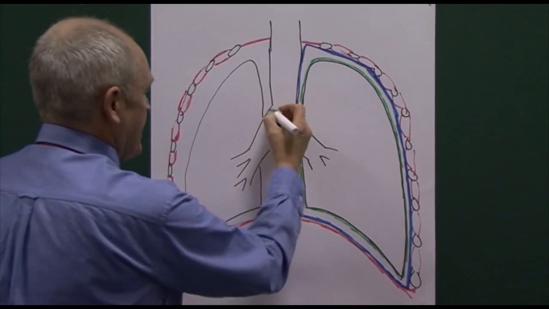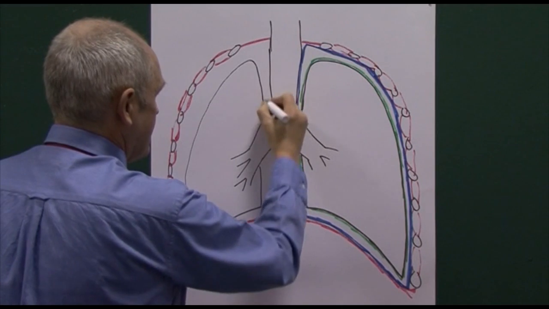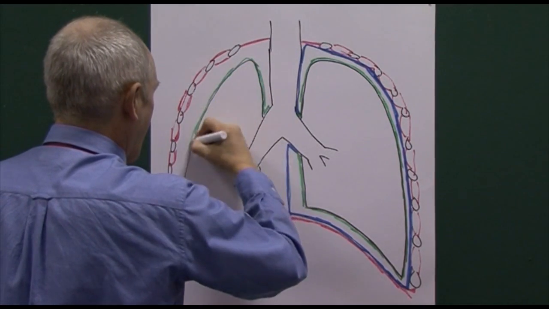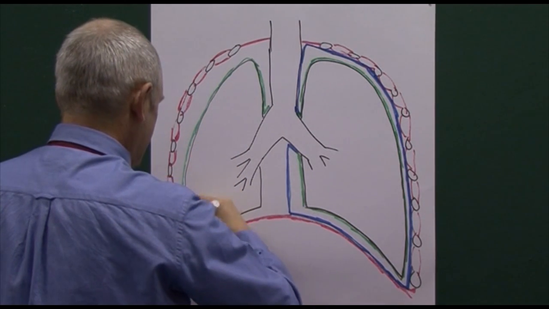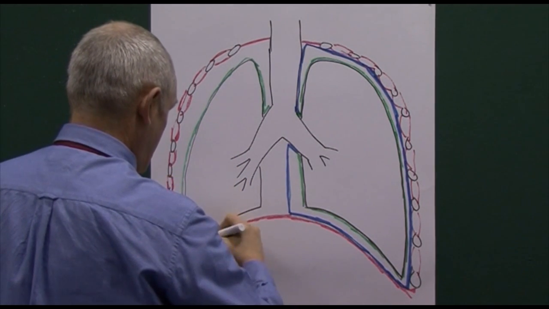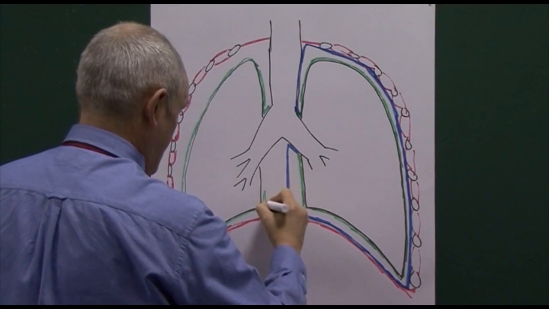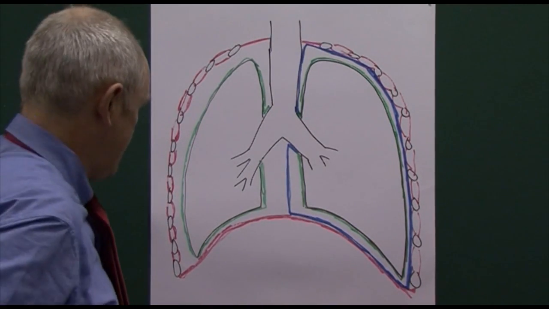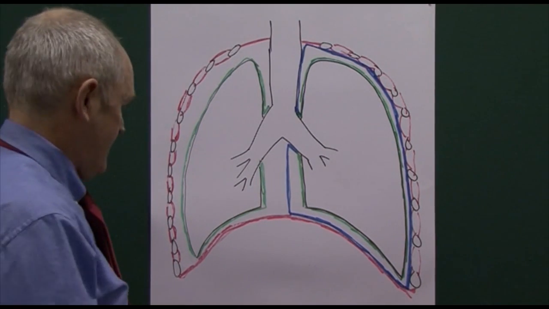And it's the same on this side. So there's a visceral pleural membrane here, and this is continuous with the parietal pleural membrane here.